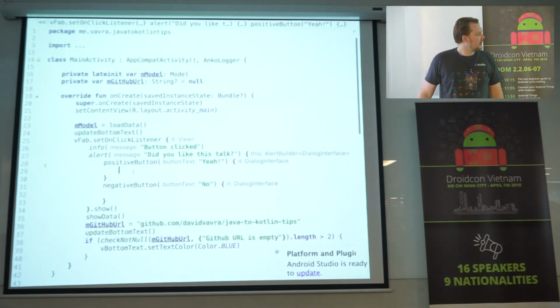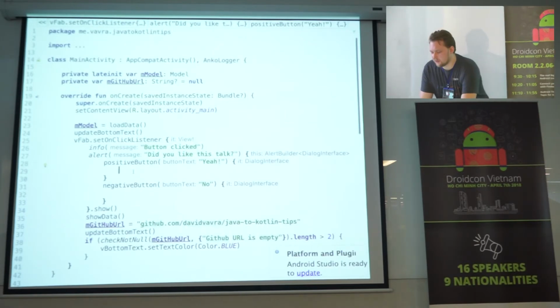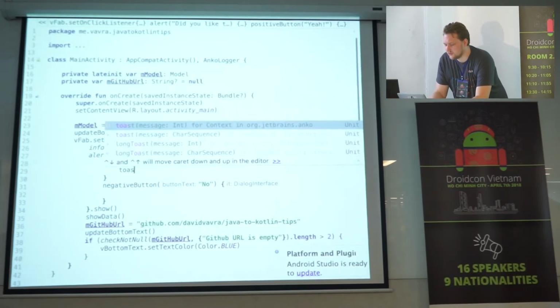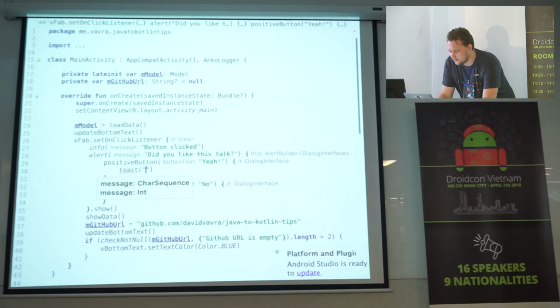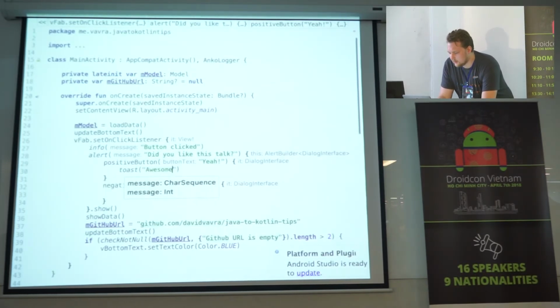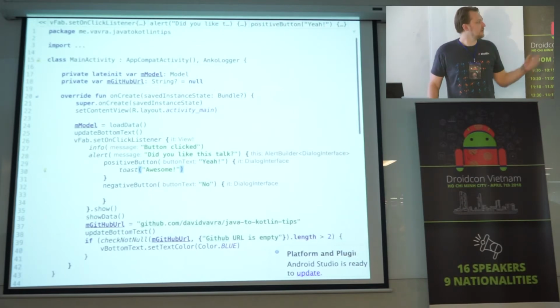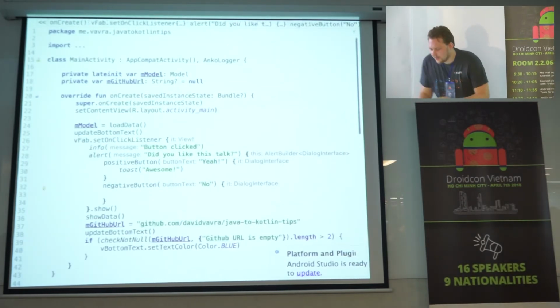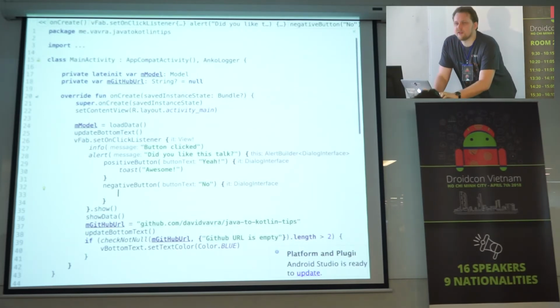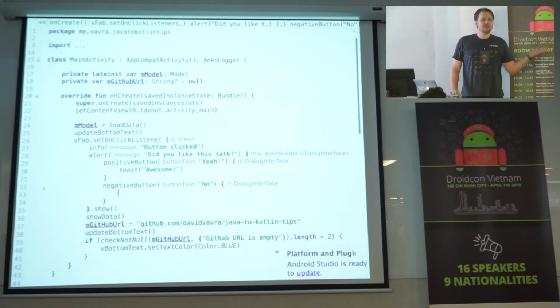In a nice Kotlin way. And I will show another feature, toast. Toast is so easy to do in Anko. Like this, this will show a toast, much easier than the normal Android API. It also has support for some common intents.